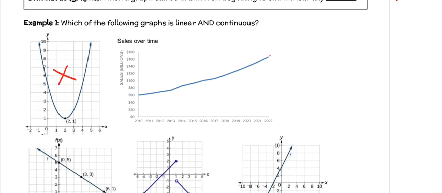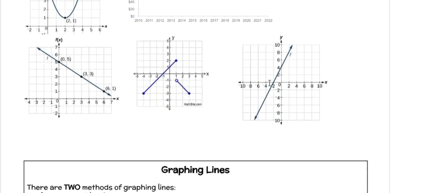It's moving around a little bit, so that makes it non-linear. But it is continuous again. It doesn't meet both criteria, so that's not both of them. The graph down here, is it a straight edge? Yes. Is there any breaks in it? No. So this is continuous and linear.